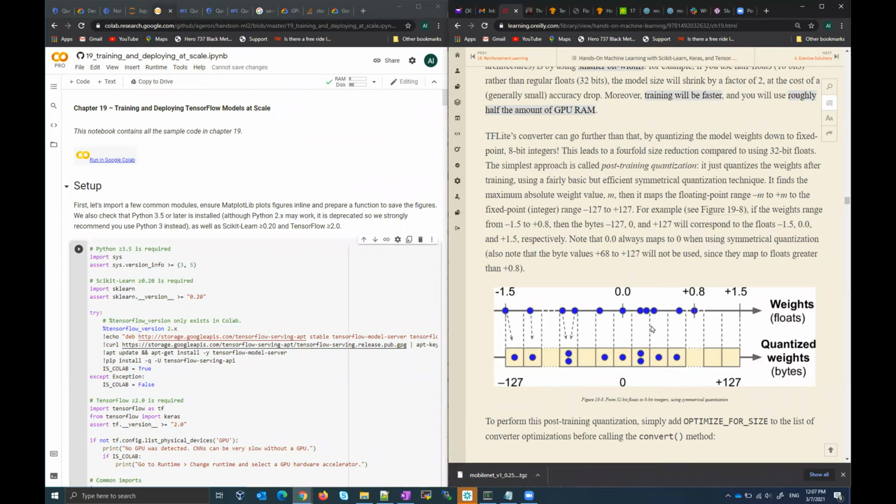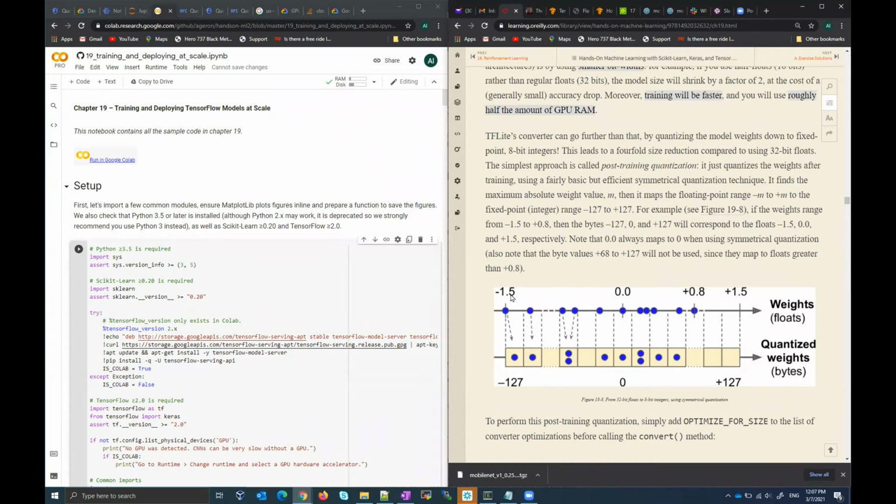Okay, here in this image we have a symmetrical quantization. 0.0 maps to integer 0, and then in this case the integer is, I think, one byte probably because of the range. So it goes from minus 127 to plus 127. Okay.